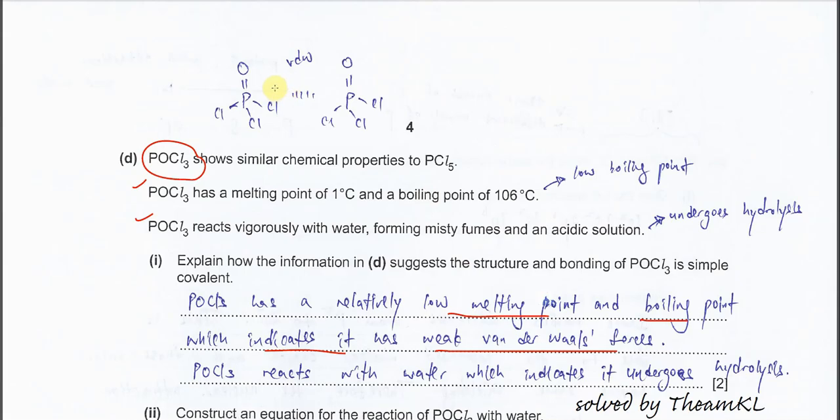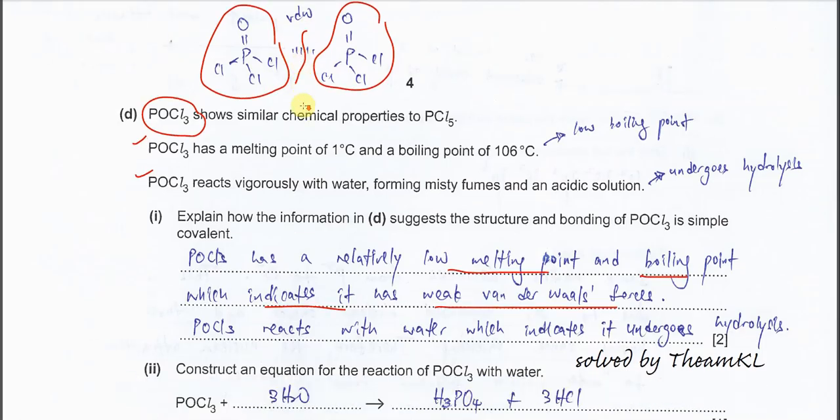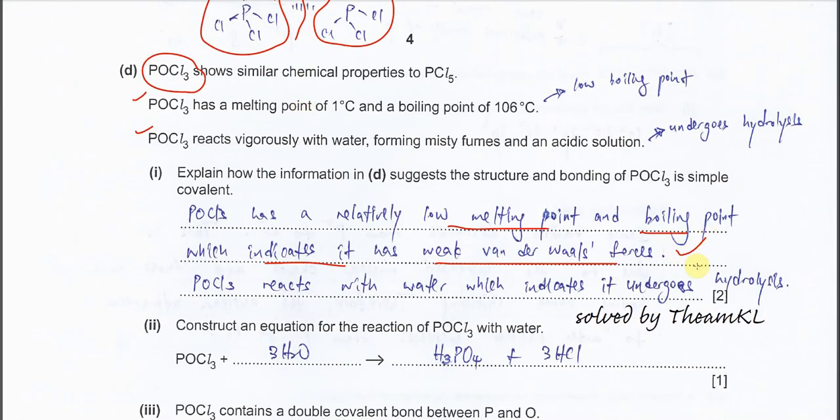It's just a simple molecule: this is one molecule, this is another molecule. It has no covalent network. Between the molecules, it has van der Waals forces, and these are easy to break. That's why it has a low melting point and boiling point. This is the first one.